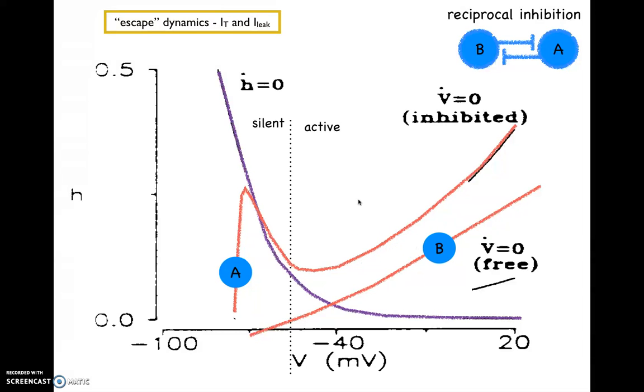All right, so we've just gotten started here, and what's going to happen next is that A will drift up to this knee whilst B drifts down to here, and you can see that in this case A is now able to escape the inhibition of B, in spite of the fact that B is still active. So A jumps up, B drops down. Now neuron A is no longer inhibited, so it moves up here, and the cycle repeats.